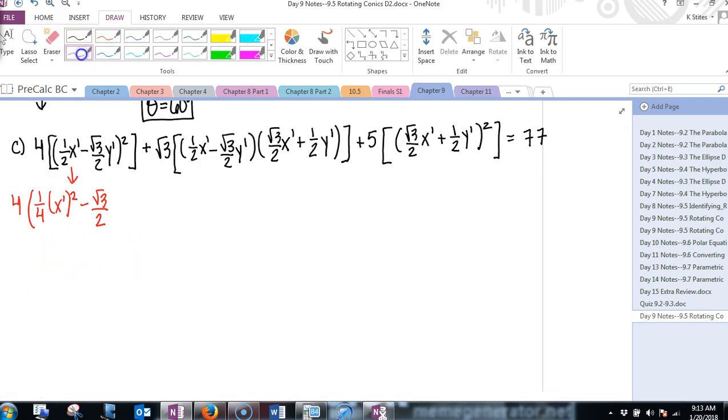And don't forget your x prime y prime. And it is a minus. Okay, plus you're squaring your last term. Root 3 over 2 squared is 3/4 y prime squared.